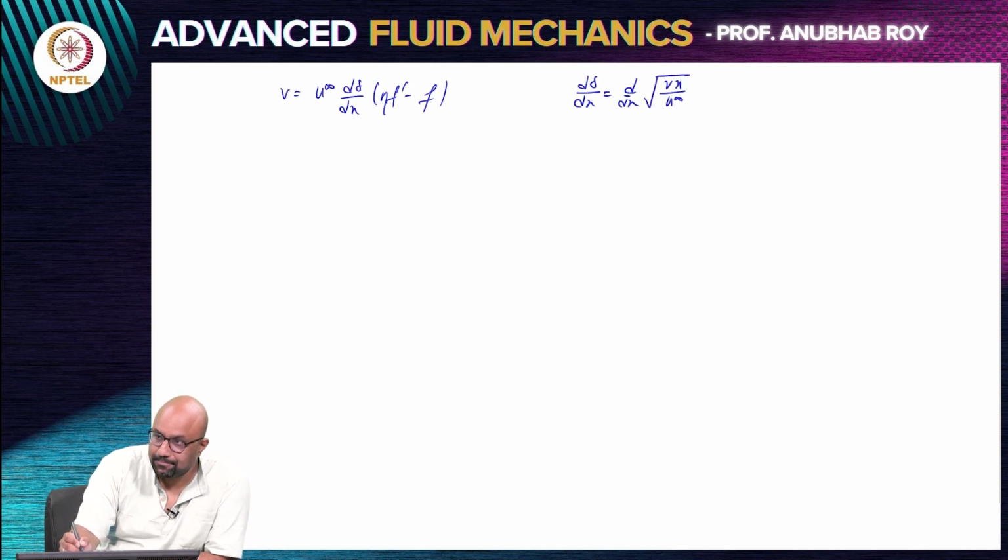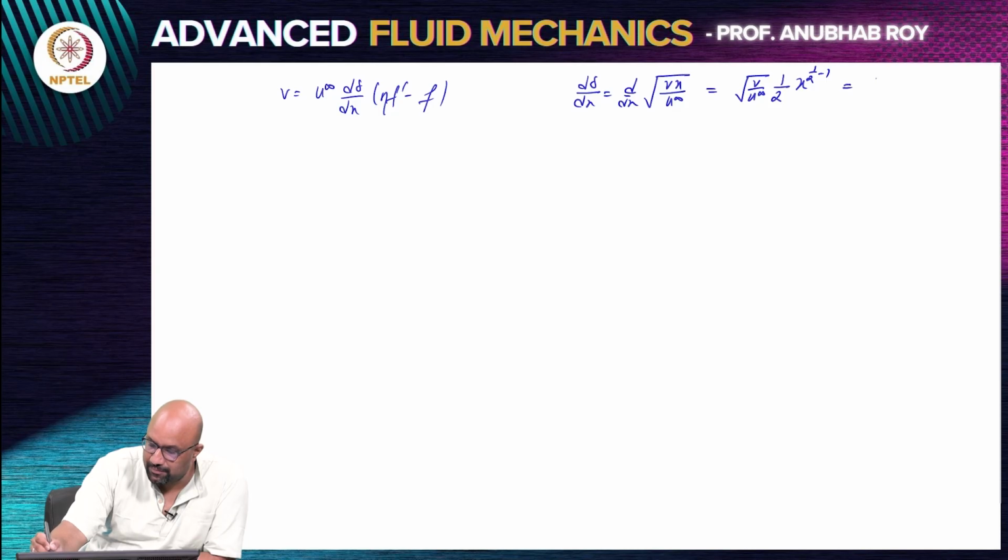The square root of nu by u infinity is independent of x, so I can take that outside, and when I do the derivative, I will have half x to the power half minus 1.